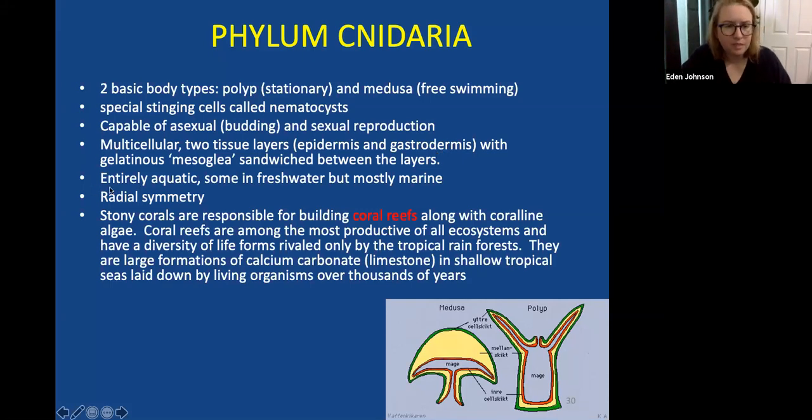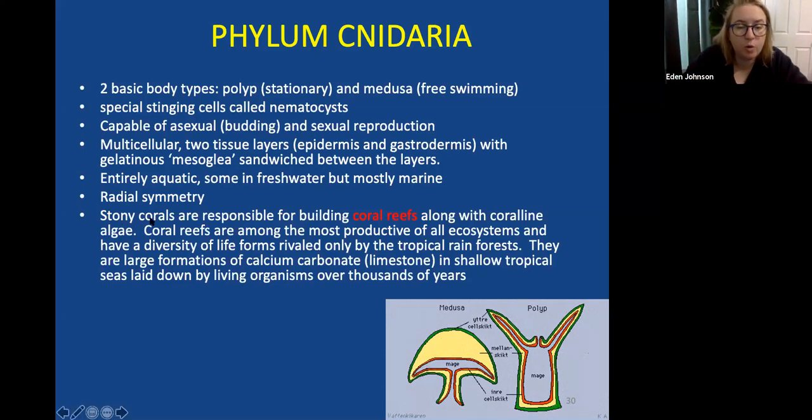They are entirely aquatic, some freshwater, but mostly marine. Radial symmetry: with the medusa, think jellyfish, you could divide that jellyfish on any plane and you would have mirror images on either side.